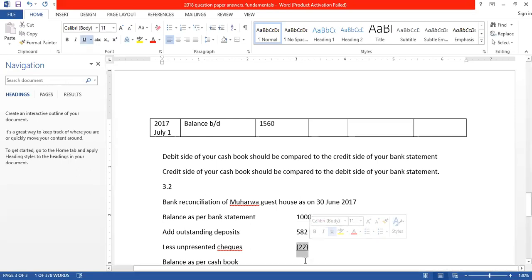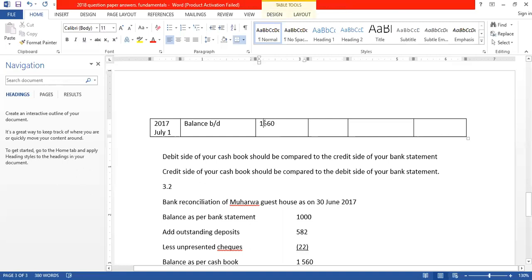So 1,000 plus 582 minus 22, how much will you get? 1,560. 1,560, and that is the same amount that we got in our cash book, meaning we are correct. Do we understand? So it's that simple. It's very simple.